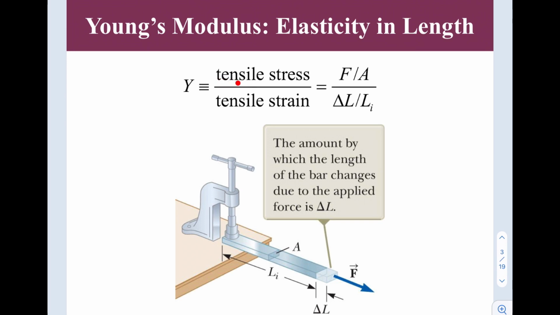We call it tensile when it involves elongation or compression in terms of length. Tensile stress is equivalent to F over A, and tensile strain is equivalent to delta L over L initial, the change in length over the original length.